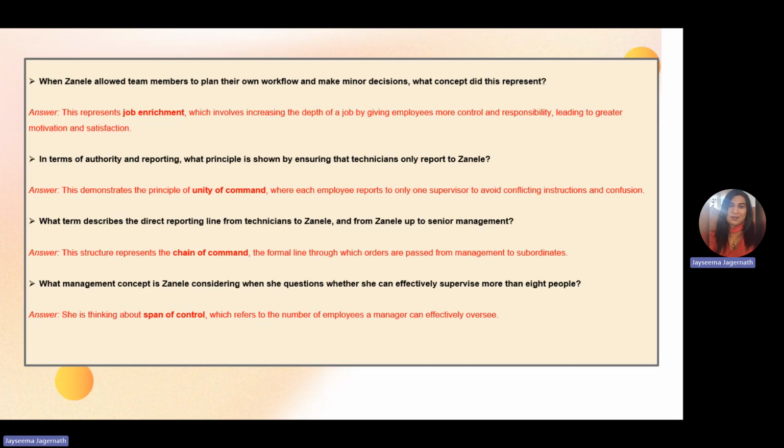Anything too small, and the manager might get a little bit bored or start to micromanage. What is that correct number? It depends on the manager. So a manager that is very skilled and has a lot of experience in managing people can have a larger span of control as compared to a new manager.